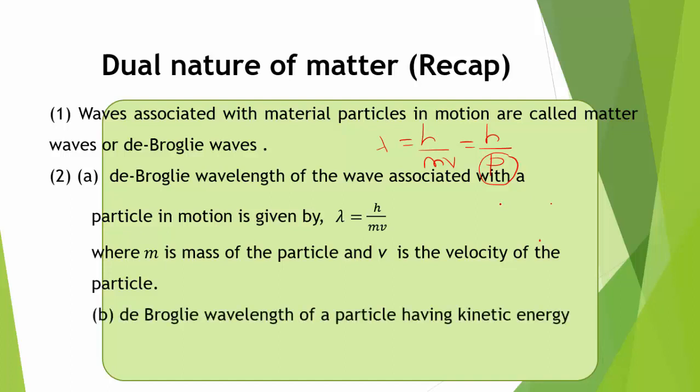And de Broglie wavelength of a particle having certain kinetic energy: you know the formula, the maximum kinetic energy is 1 by 2 m v square maximum is equal to h nu minus h nu naught. Here lambda is equal to h divided by root of 2m into E, where m is the mass of the electron and E is the maximum kinetic energy.